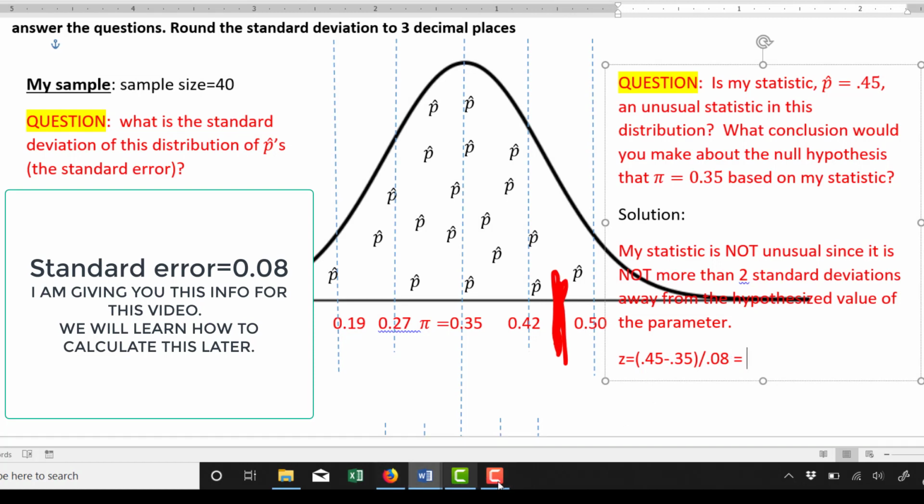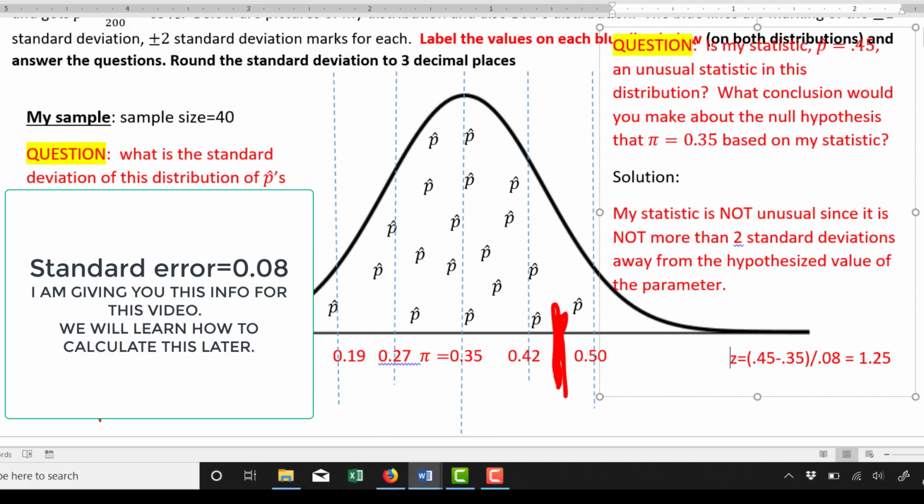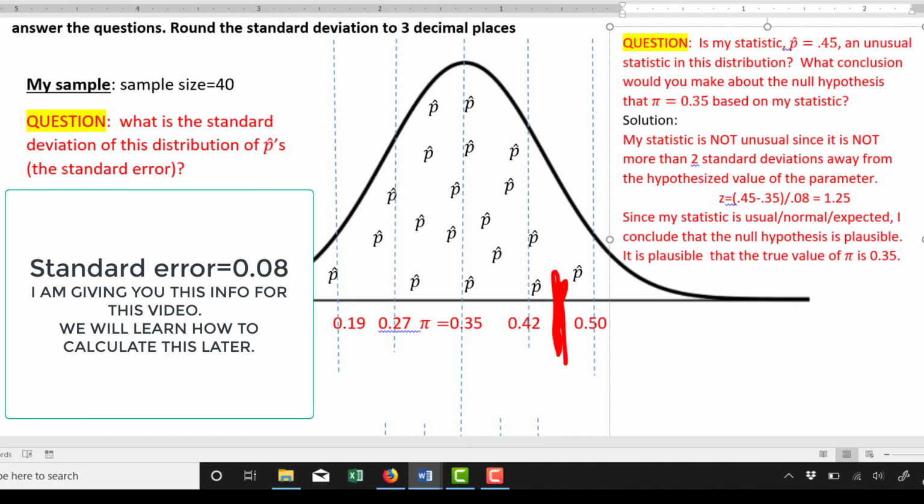If you put that in your calculator, you'll get 1.25. So my statistic is 1.25 standard deviations above the mean of the null distribution. So it's not unusual. Since my statistic is usual, normal, and expected in this null distribution, I conclude that the null hypothesis is plausible. It's plausible that the true population parameter is 0.35.